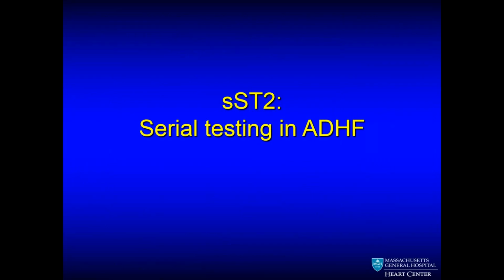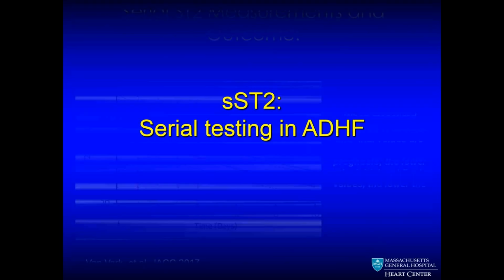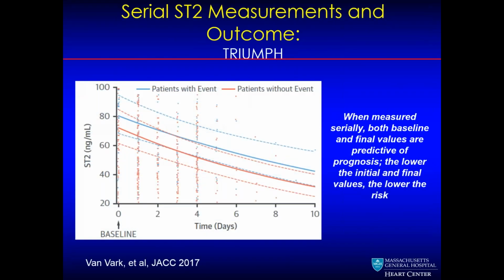And there are several studies that have shown this now, but probably the nicest one is the TRIUMPH study, which looked at serial measurements of ST2 in patients hospitalized with acute heart failure.